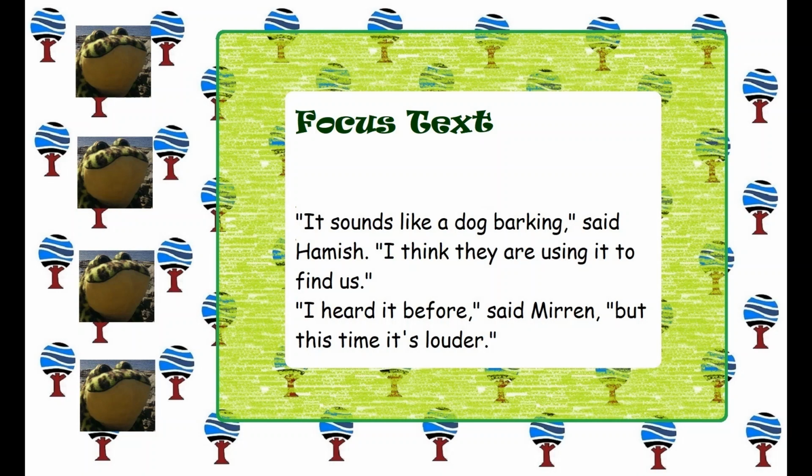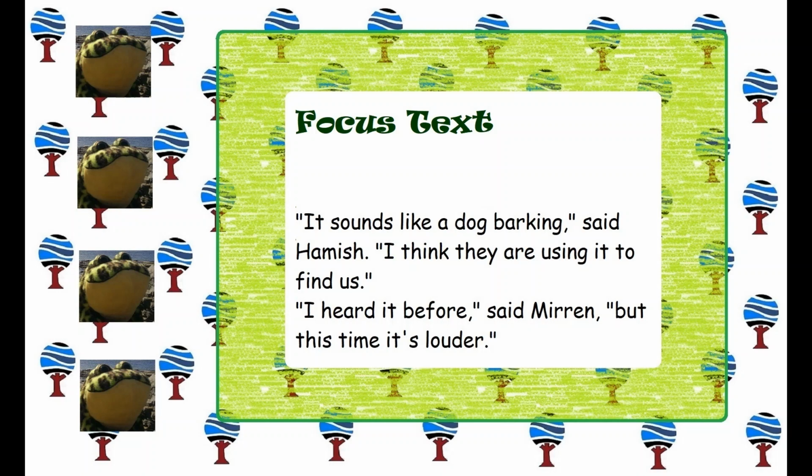"Said Hamish" is the reporting clause and is not spoken by Hamish. It's for the reader to know who is speaking. The rest of it is what Hamish speaks. So we need speech marks around those parts. So we've got two sets of speech marks because there's two parts to what he's saying. So it's speech mark, "It sounds like a dog barking," speech mark, "said Hamish." Then we open the speech marks again for when he starts speaking. Speech marks, "I think they are using it to find us," speech marks.